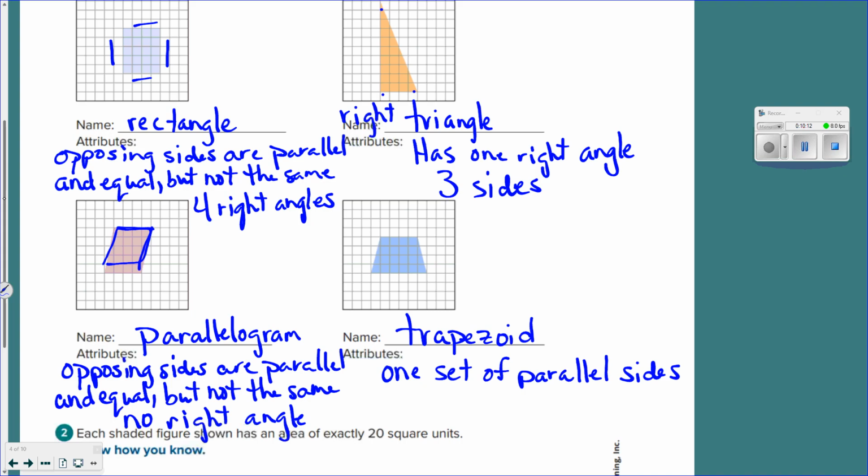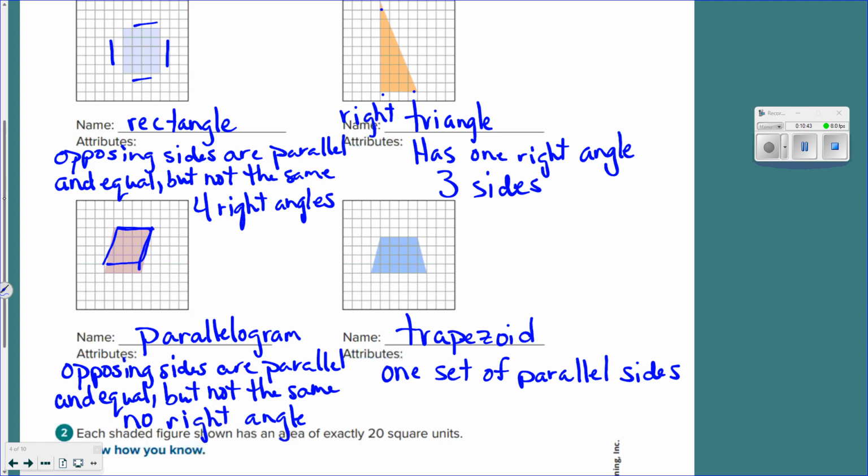Questions on how we're naming any of these? Okay, so you do need to understand your distinguishing features for each shape. What about the square? Can't that be a rectangle type of thing? Rectangle, and that's one of the interesting things. A square is a form of rectangle, but a rectangle will never be a square. Is it one set of parallel sides or at least two?